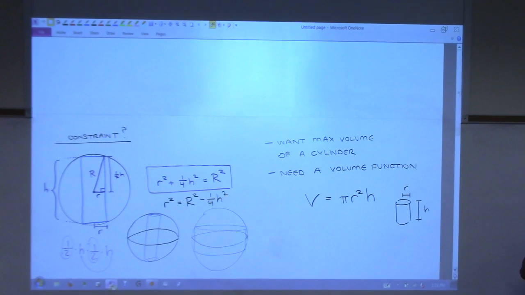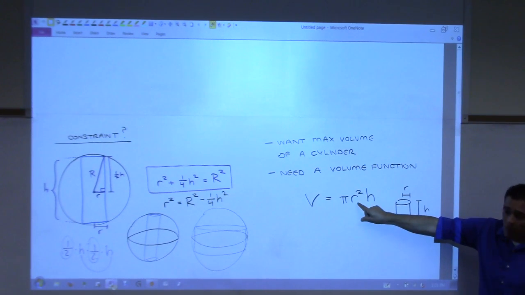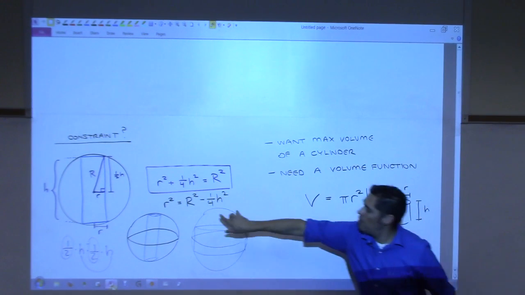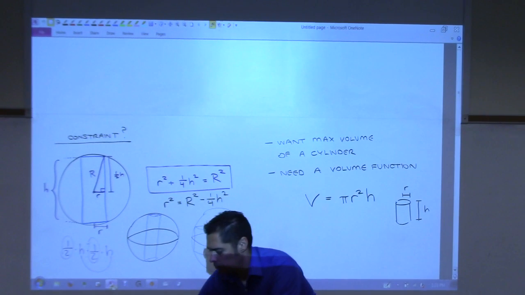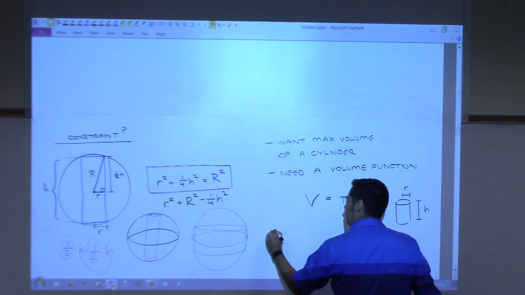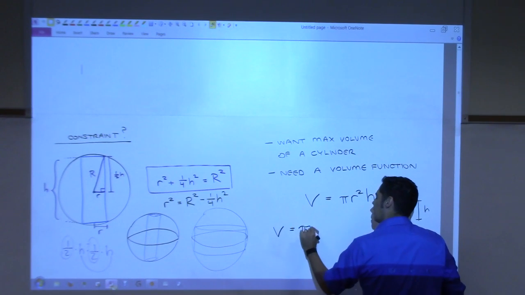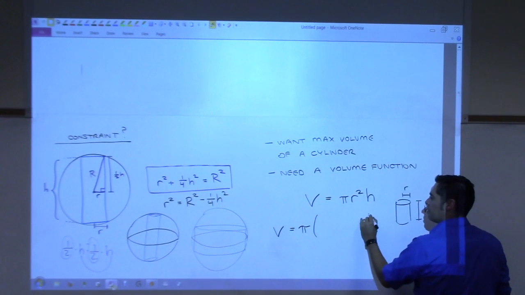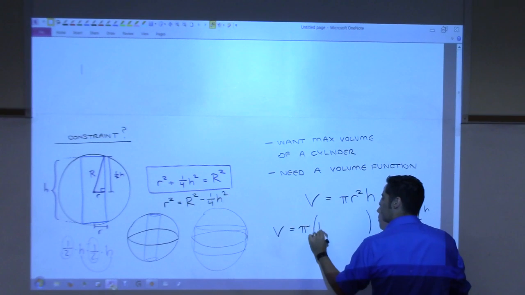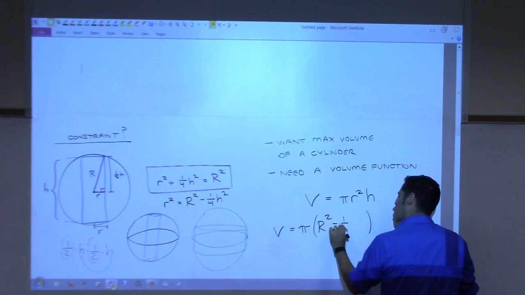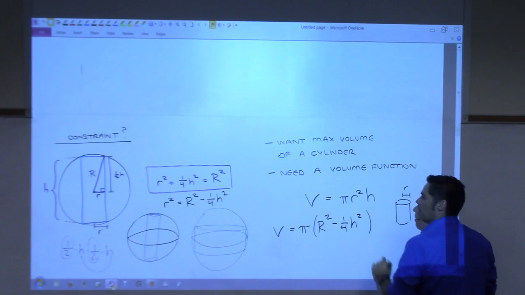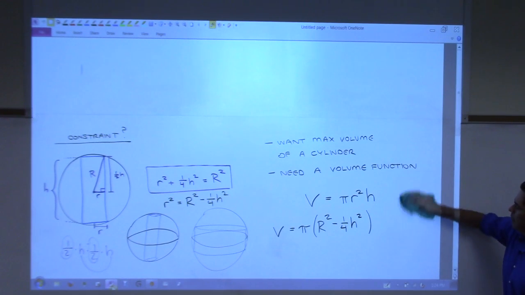And now I'm ready to come back to this and replace r squared with that. So my volume is pi times, in parentheses, big R squared minus 1/4 little h squared, right?